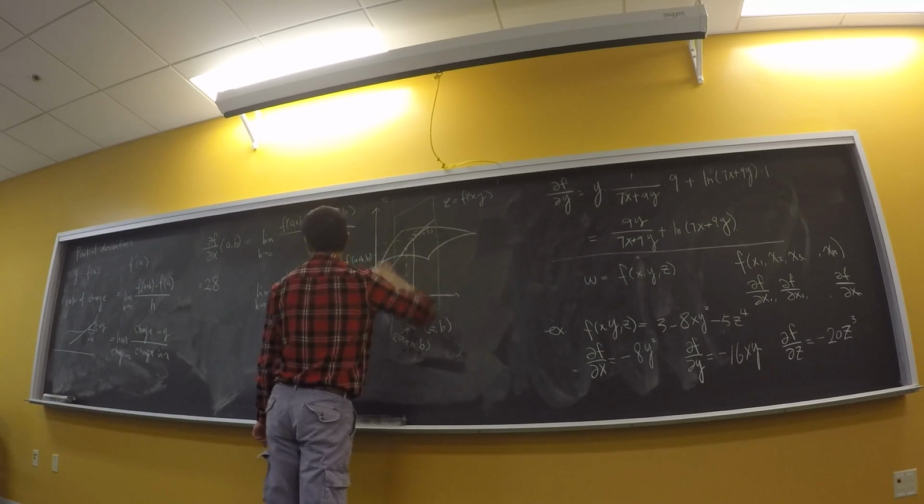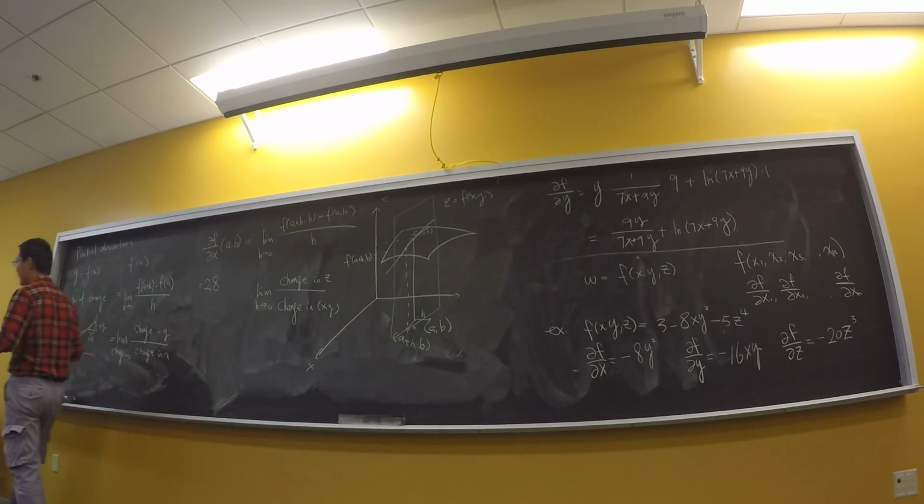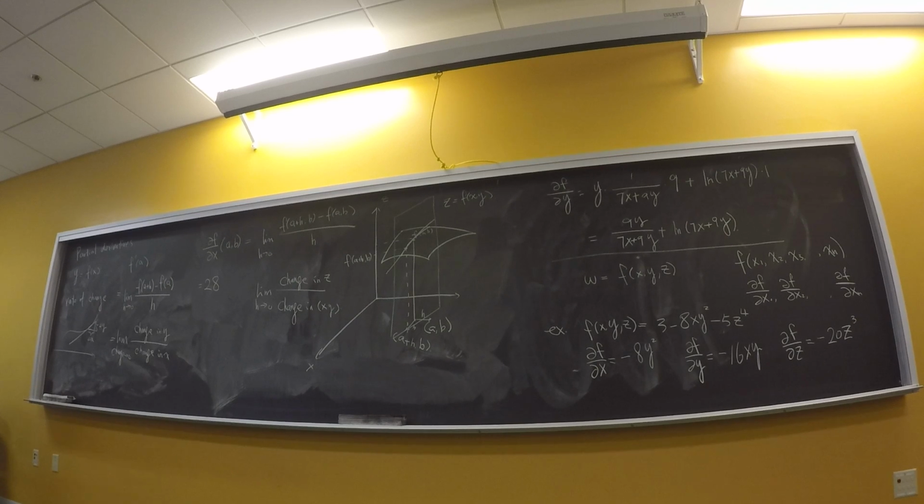So this partial derivative is exactly talking about the slope of a tangent line to the intersection of the surface with the xz plane. Okay, I'm going to say it again.